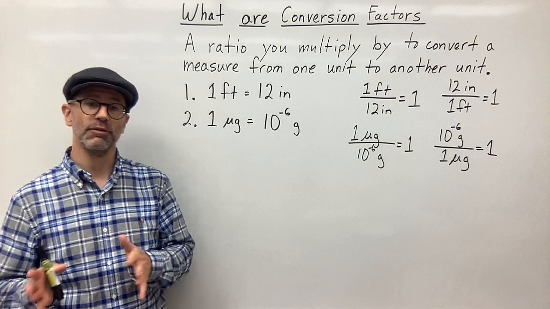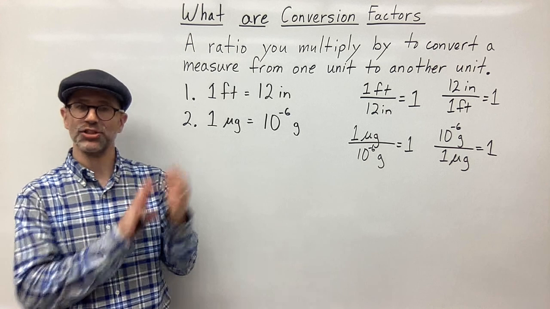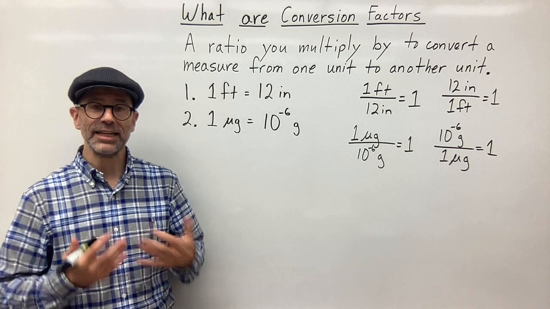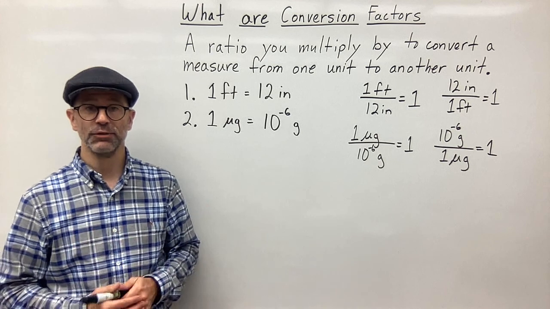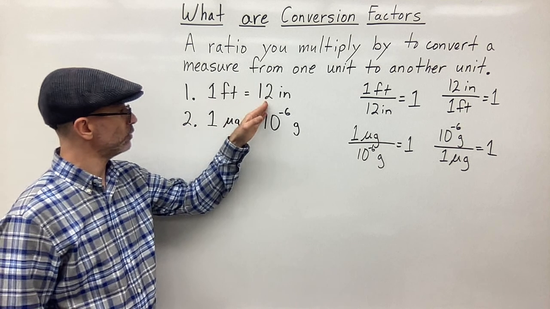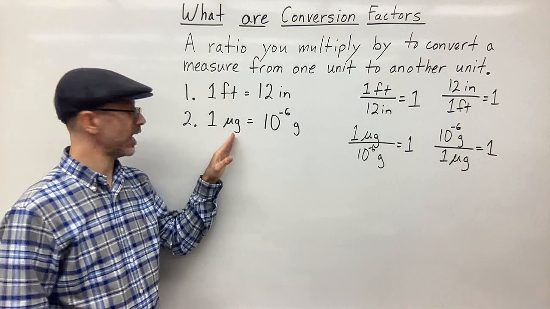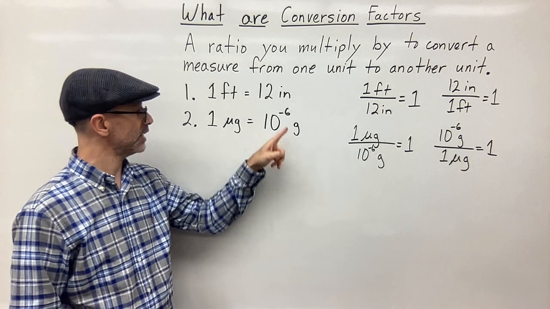In order to convert from one unit to the other, we need an equality, a relationship between those units. That's where we get our conversion factor from. So here I have an equality of 1 foot is equal to 12 inches. Here I have an equality of 1 microgram is equal to 10 to the negative 6 grams.